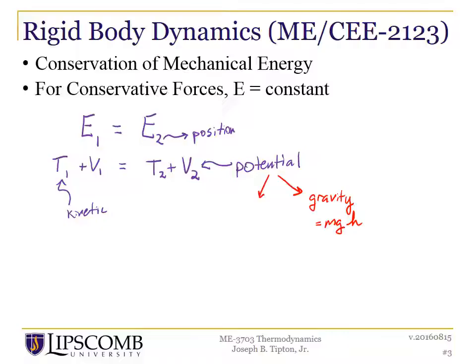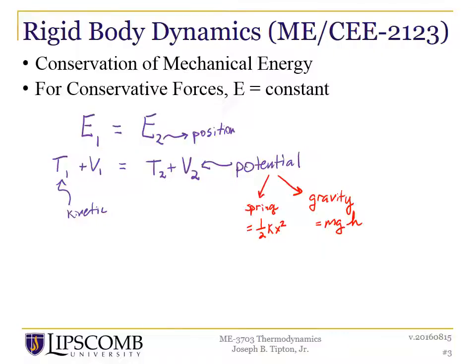Another form of mechanical potential energy would be that stored in a mechanical spring. And we saw that that took the form of 1/2 k, which we called a spring constant for the perfectly elastic spring, multiplied by the displacement from the unstretched state squared.